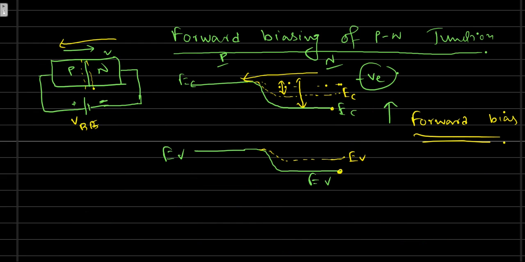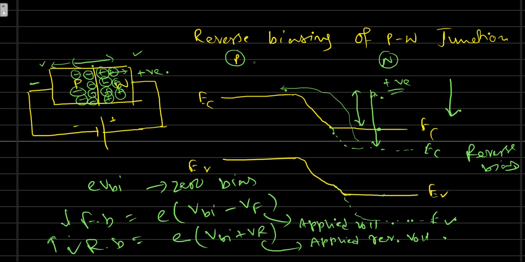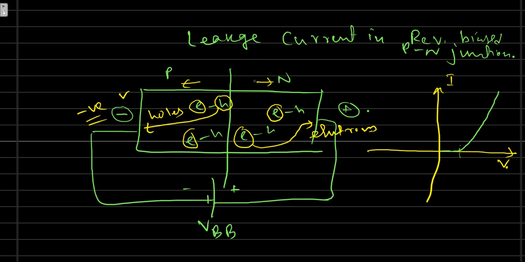So in forward bias also, you need to apply a minimum amount of voltage so that the potential barrier height becomes negligible. After that the current will start. This voltage is called V gamma, or the knee voltage of the PN junction.